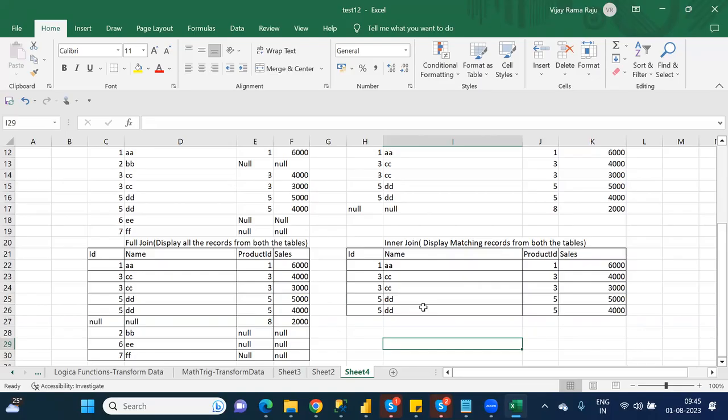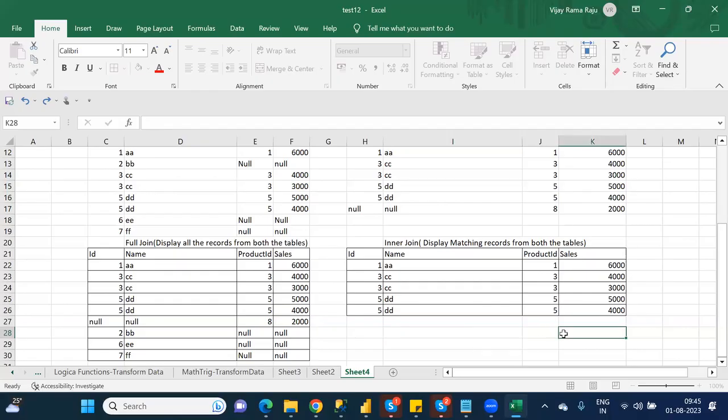Understand clearly or not? Next one is self join. I will show this in SQL Server itself. Understand? So what is self join?